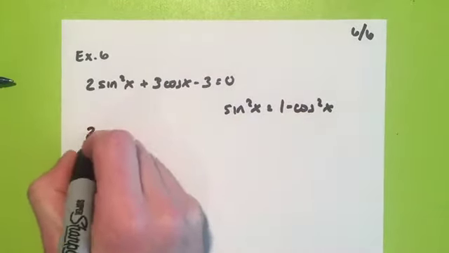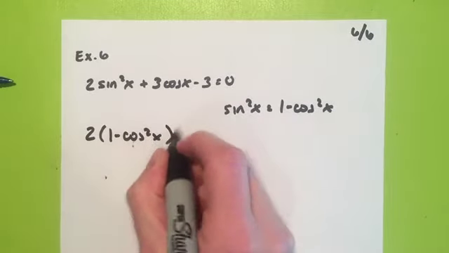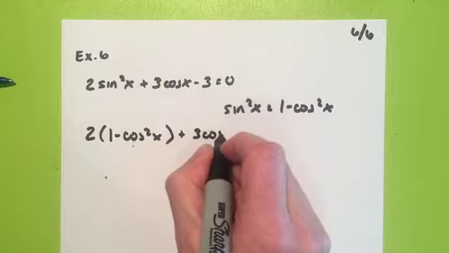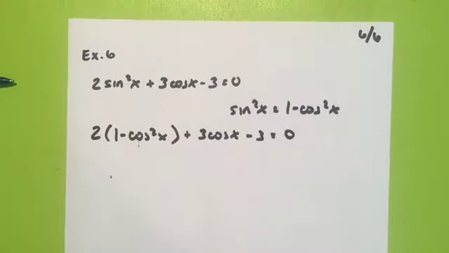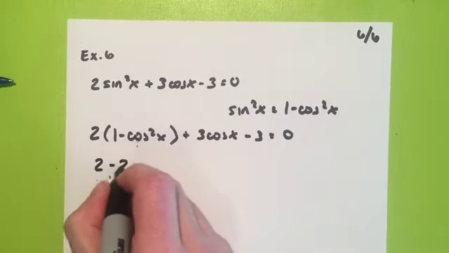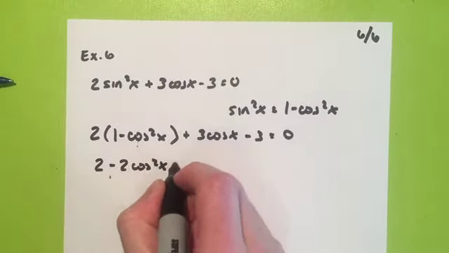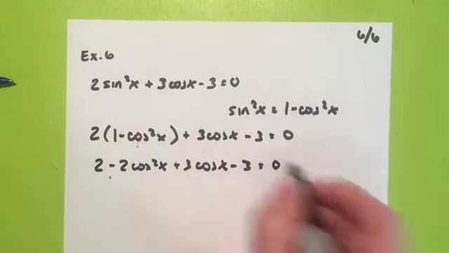By substituting that out, we've got 2 times (1 minus cosine squared) plus 3 cosine minus 3 equals 0. Distributing, simplifying, we've got 2 minus 2 cosine squared plus 3 cosine minus 3 equals 0.